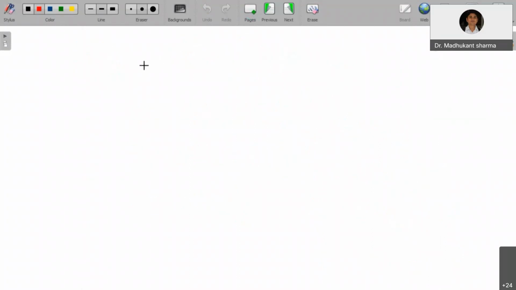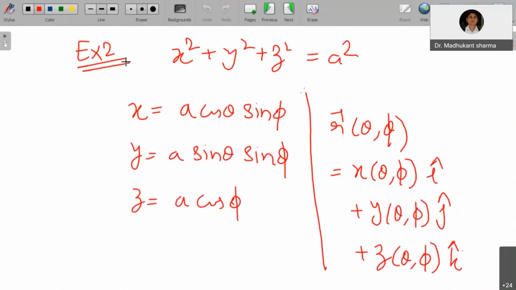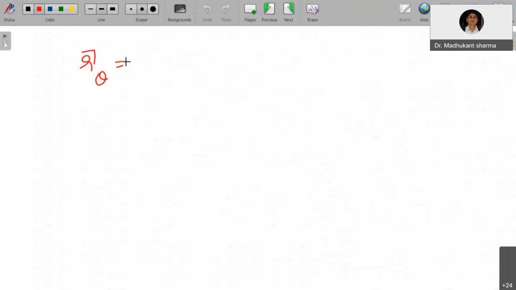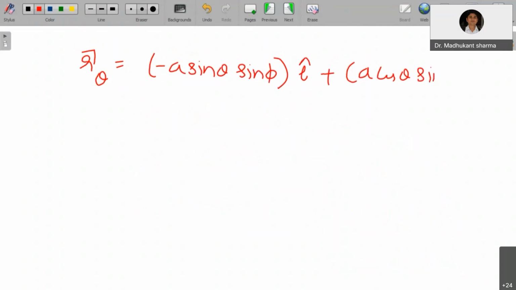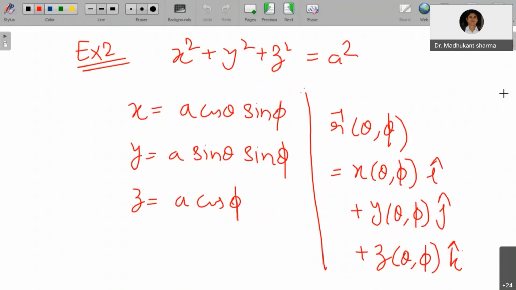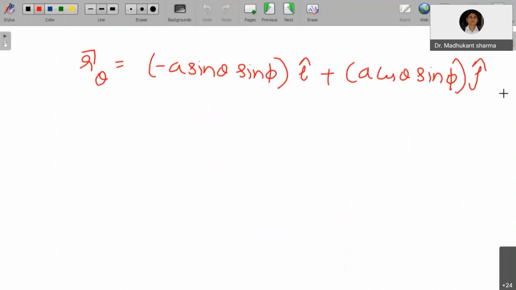So r theta means the component-wise partial derivative with respect to theta. So minus a sine theta sine phi i component plus a cos theta sine phi j component, and the k component is 0, right? Because the partial derivative with respect to theta is 0.